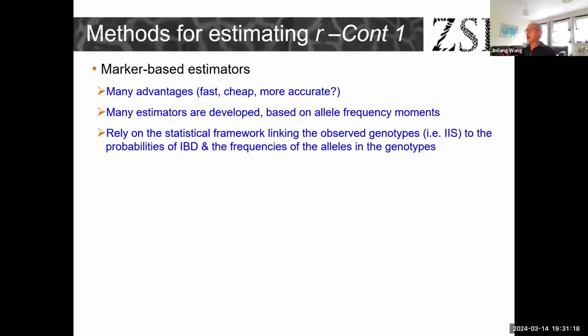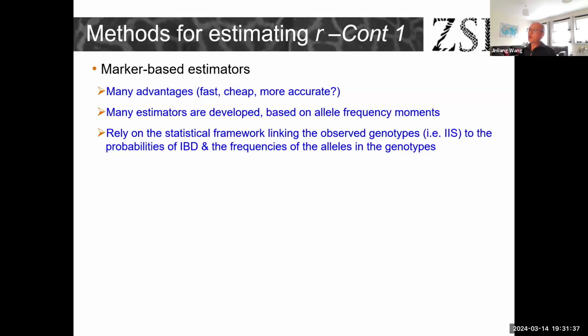I put a question mark there because it really depends on the depth of the pedigree if we have one, and also the number of markers we have, the quality, missing data; all those factors would affect the accuracy.